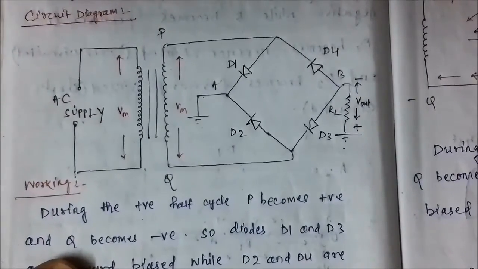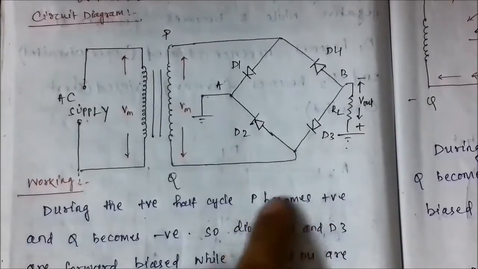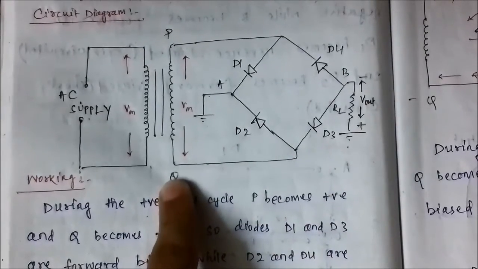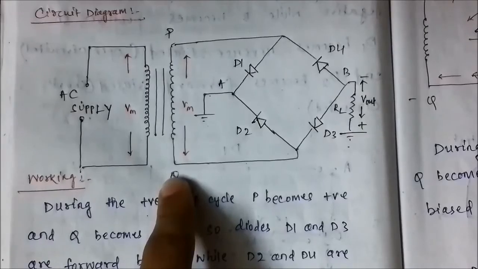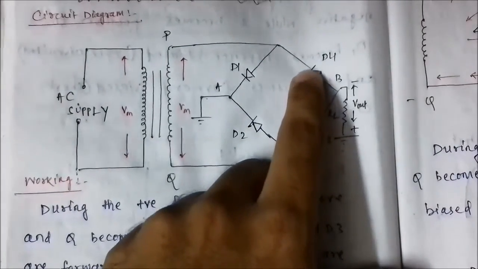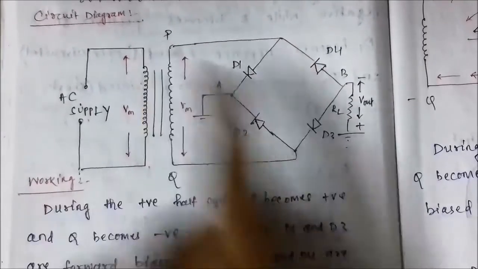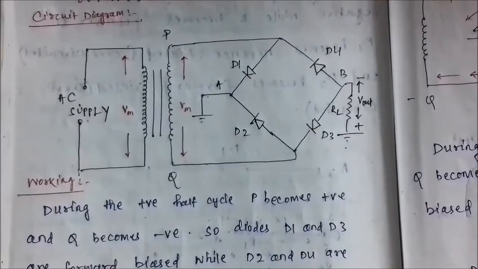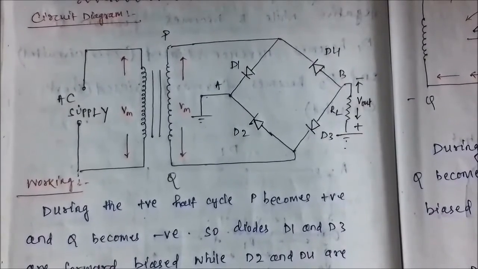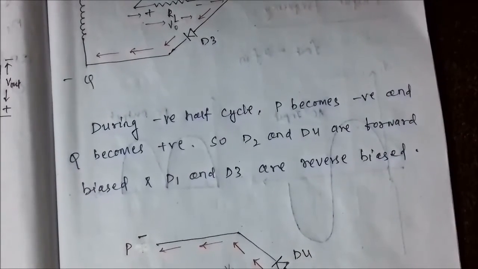The p-type end of D2 being connected to the positive end Q becomes forward biased, and also the n-type end of D4 being connected to P, which is the negative side, becomes forward biased. So D2 and D4 are now forward biased, while D1 and D3 are reverse biased.